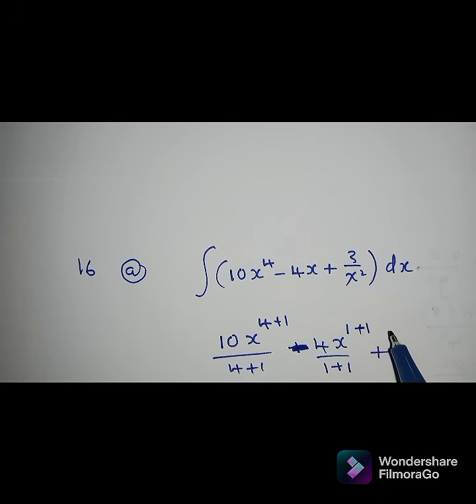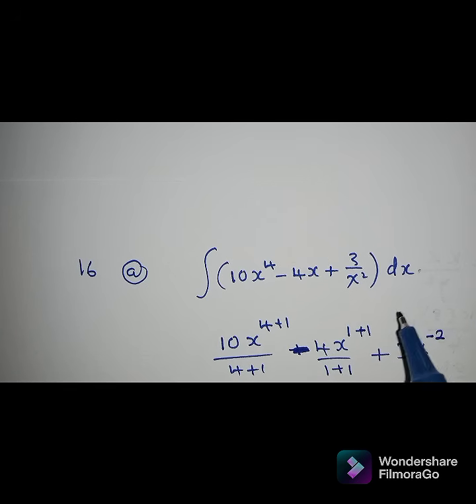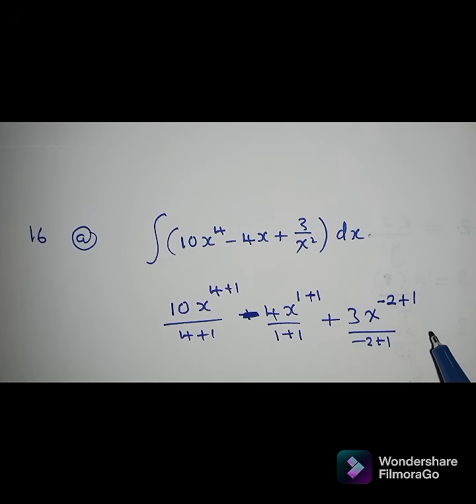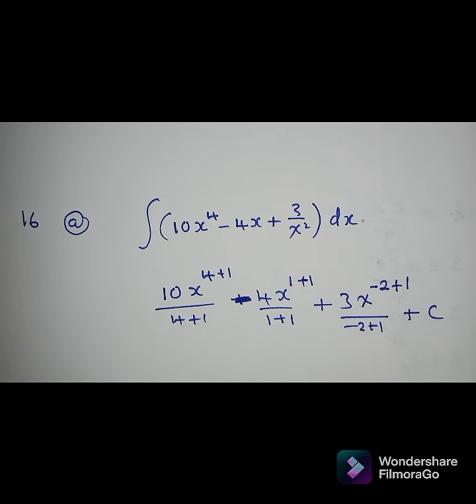Here we use the idea of the laws of indices. So this will be 3 multiplied by x power negative 2. This x will go on top, so power negative 2. We come and add a 1. So the same thing here, negative 2 plus 1. Finally, we put plus c.